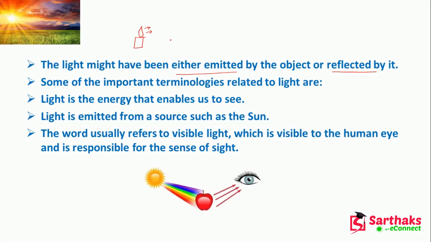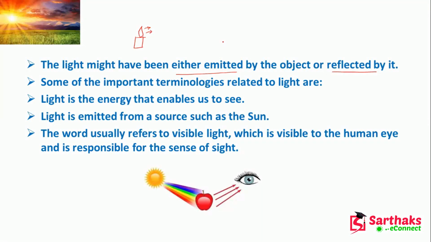Or you can see in your home also, so many bulbs and tube lights are there. So these will emit the light. And whenever you are seeing yourself in the mirror, that is the reflected light.